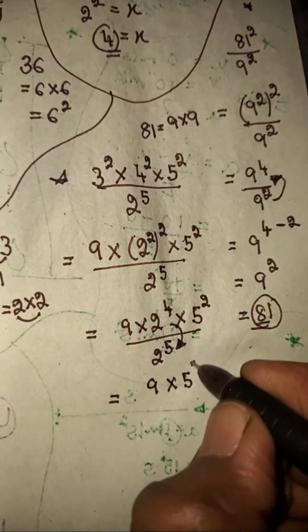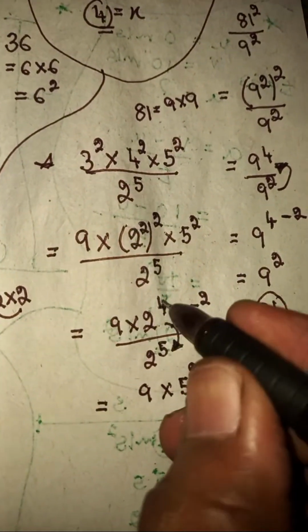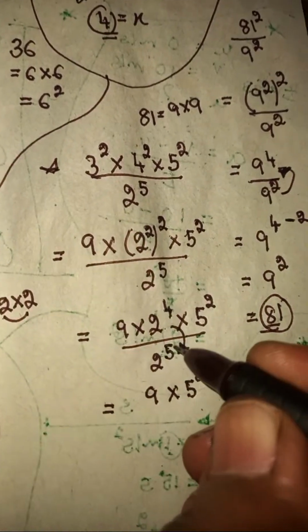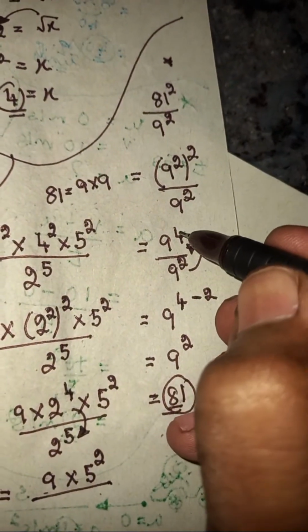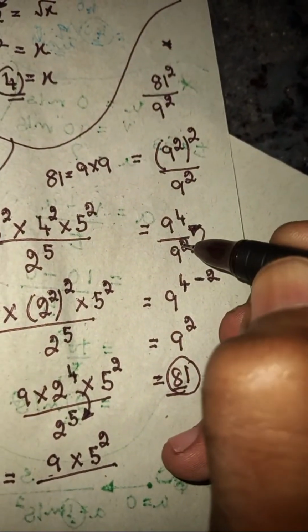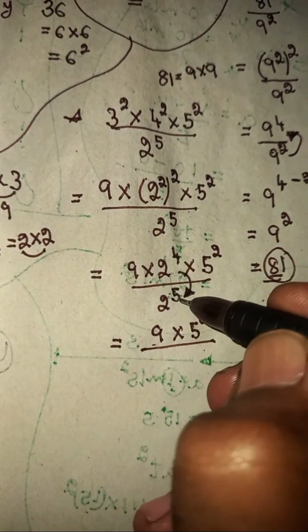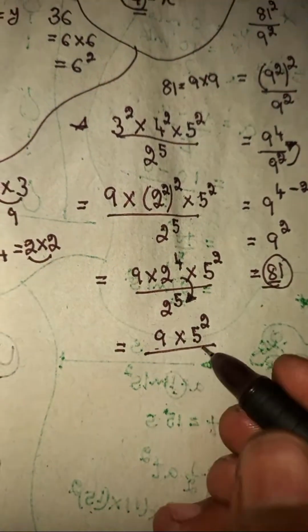9 times 5 square. Take 2 as the common base and subtract, here the denominator power minus numerator. In the last problem I took numerator power positive, denominator negative because I shifted this to the numerator, but here I am shifting that from the numerator to the denominator.